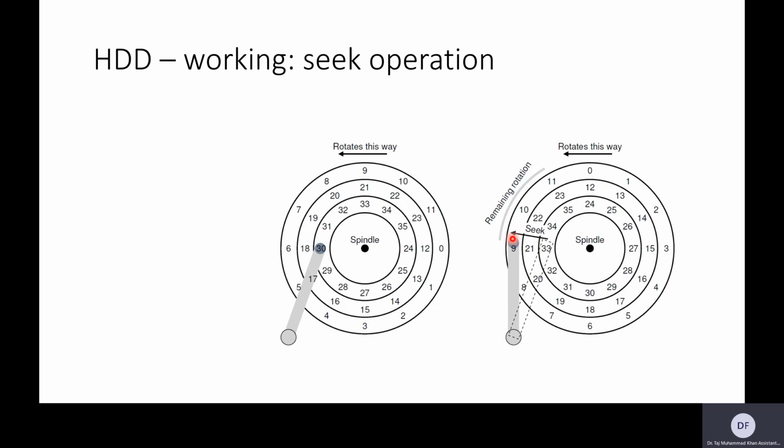So rotational delay and seek delay are basically the main delays in reading and writing from a hard disk, and these delays are much higher than electrical signal propagation delay.